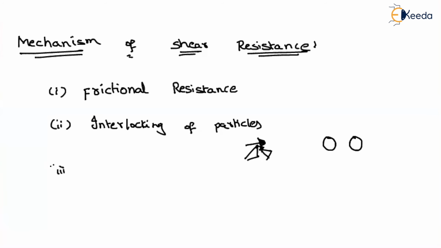And the next one is the cohesion, or we can also call it the adhesion of molecules. So cohesion means the attractive forces hold the particles together. In general, if you take any soil, overall the shear resistance is developed because of frictional resistance, interlocking of particles, cohesion and adhesion of molecules.